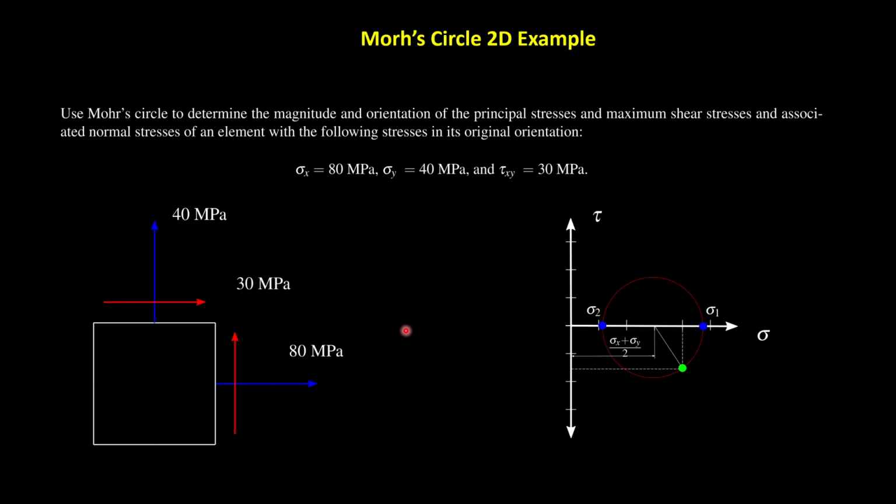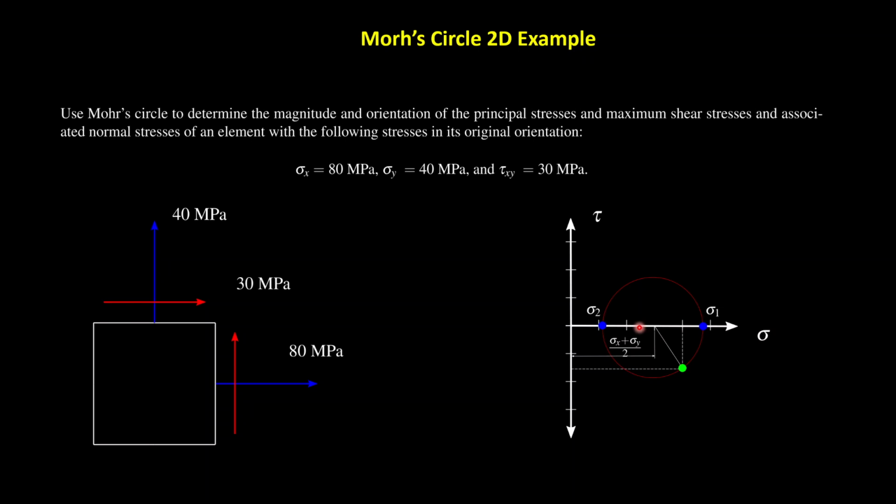Great. Now, wherever this circle cuts the normal stress axis is going to tell us the principal stresses. Principal stresses are those maximum normal stresses that we can find when orienting my planar element at a different angle from the original one. So in this case, I have determined the center of the Mohr circle just by looking at the scale.